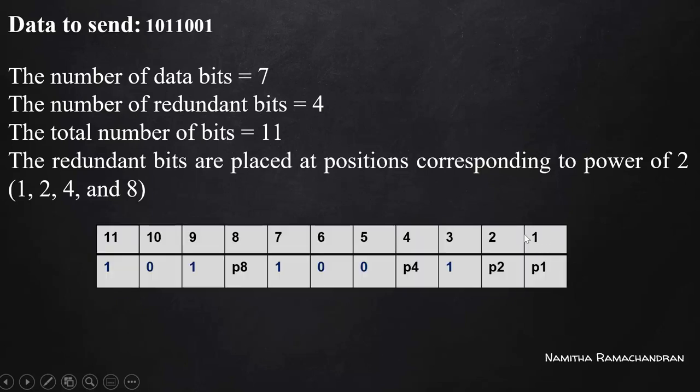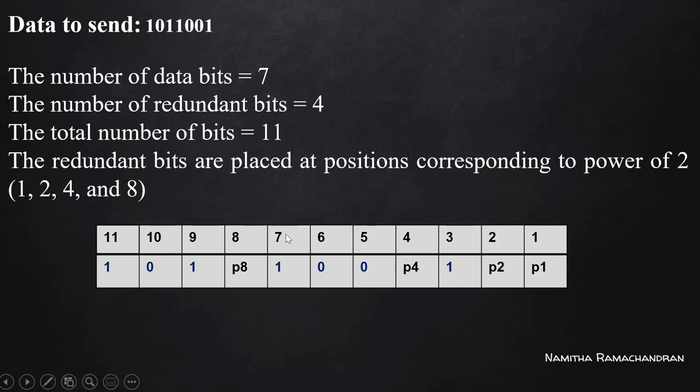So for sending this data of 7 bits, at position 2 to the power 0, that is 1, we can place the first parity bit. This is 2 to the power 1, here we can place the second parity bit. This is not a power of 2, so here we can place the first bit, the least bit of our data. Again, it is a power of 2, so here we can place the next parity or redundant bit, that is P4.